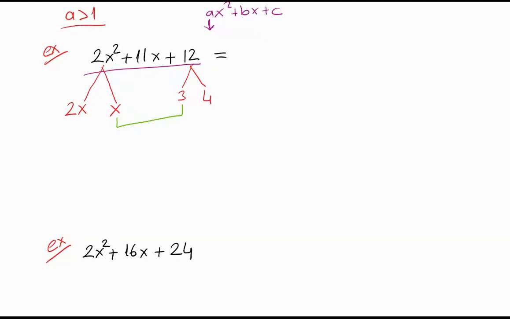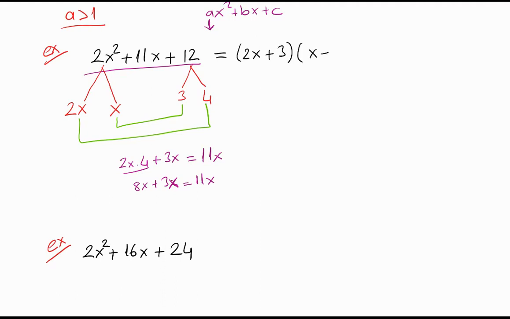And then when I multiply them, I should get 11x, like 2x times 4 plus 3x should give me 11x, which is correct. 8x plus 3x equals 11x. So I can write my factors: 2x plus 3 and x plus 4.